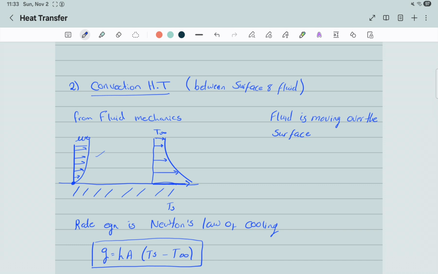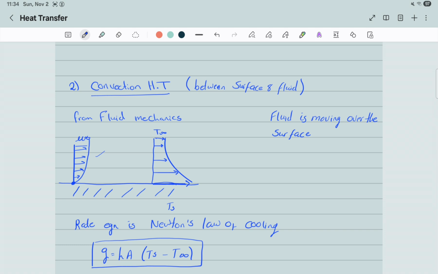So if we want to study the temperature behavior along a surface, we'll notice that close to the surface the temperature is higher, and as we move further from the surface, the temperature decreases.